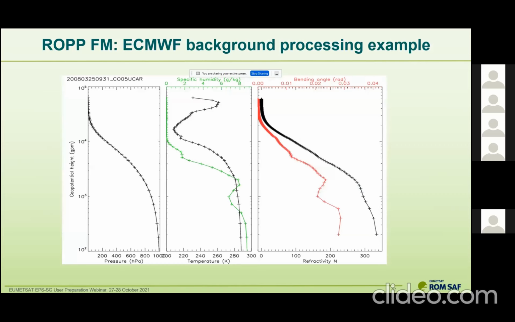Here's just a little example of this. Leftmost picture is the pressure as a function of height, and the middle one gives you temperature and specific humidity, again as a function of height. And on the rightmost picture, you've got bending angle in red and refractivity in black that are produced by those input fields.